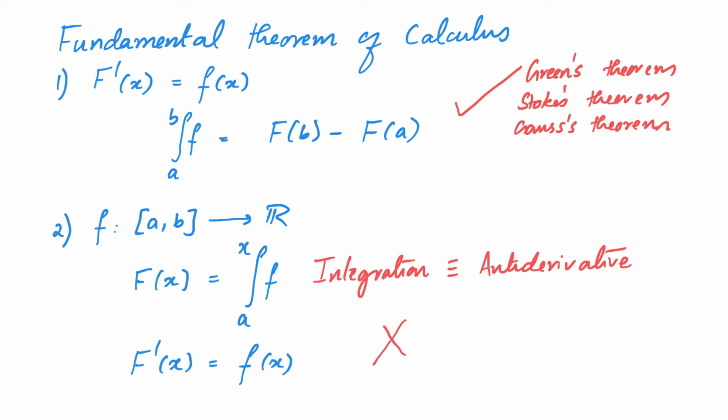In fact, it will be beyond the scope of this course to give a complete proof of Green's theorem. We will prove certain special cases of Green's theorem and we will discuss why it is difficult to prove the most general form of Green's theorem.